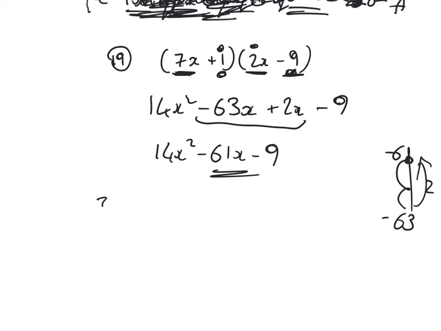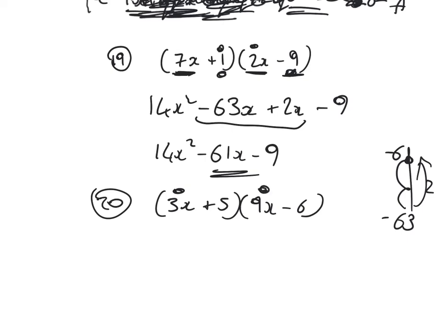Okay, last one, example 20. (3x plus 5)(9x minus 6). Firsts, 3x times 9x, 27x squared. Outsides 3x times minus 6, minus 18x. Insides 5 times 9x, 45x.